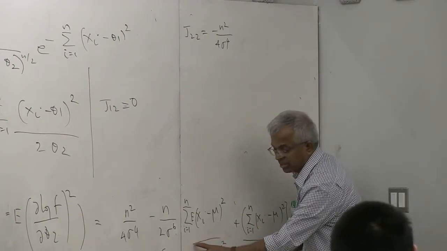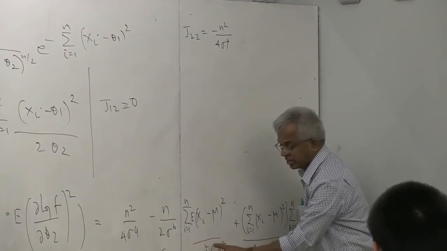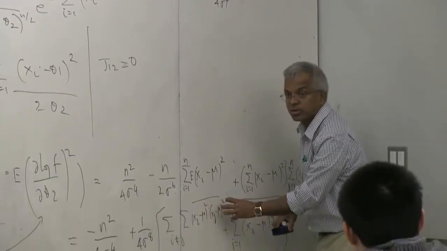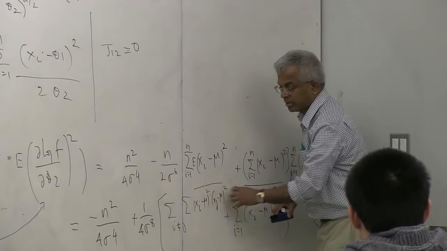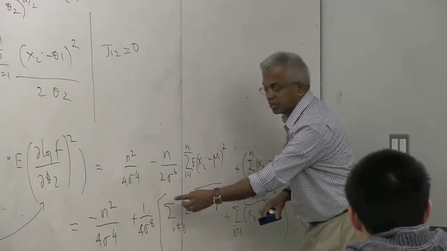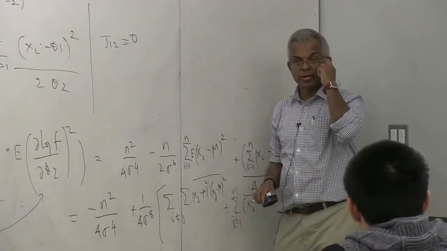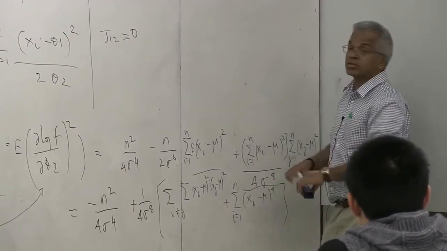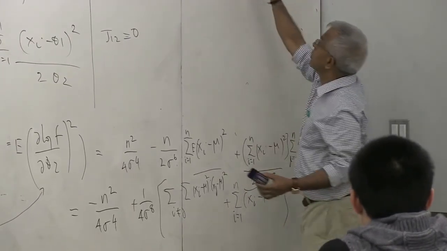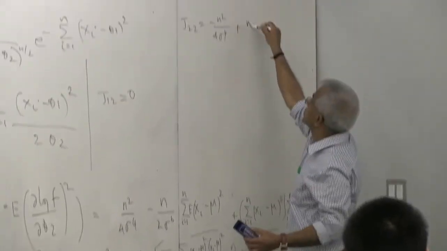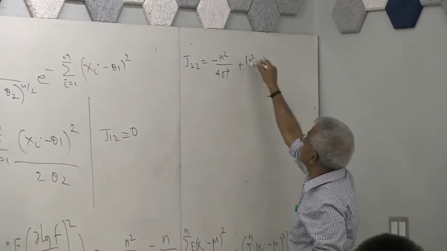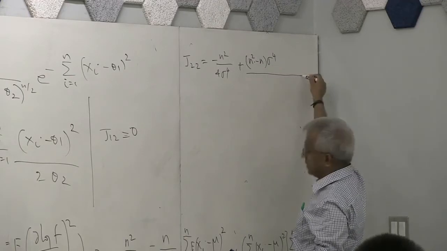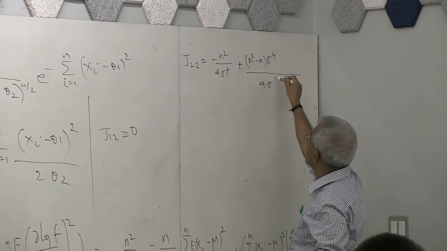So this is the expected value of this multiplied by the expected value of that, each are sigma squared. And how many such terms are there? Remember, totally n squared terms, and here there is one n term. So this is n squared minus n. So plus n squared minus n terms with sigma to the 4. The whole denominator is 4 sigma to the 8.